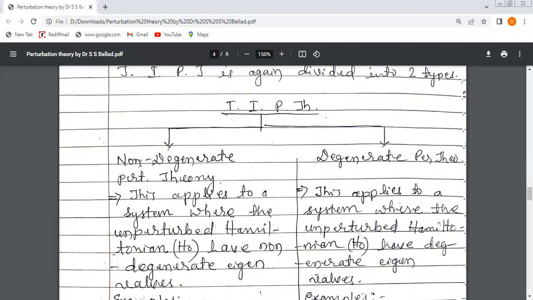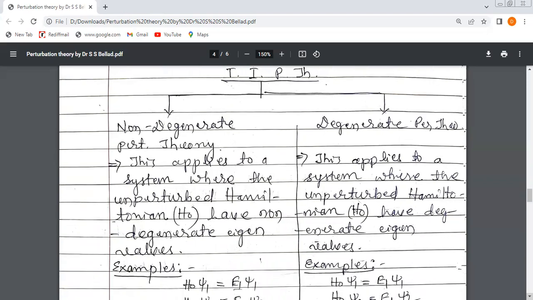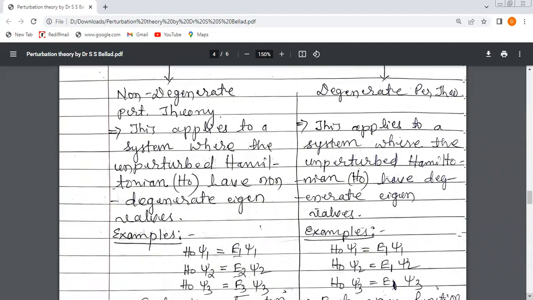One case, the non-degenerate case. The other case, the degenerate case. So one is the non-degenerate time independent perturbation theory. The other one is the degenerate time independent perturbation theory. Let me explain what these two are.